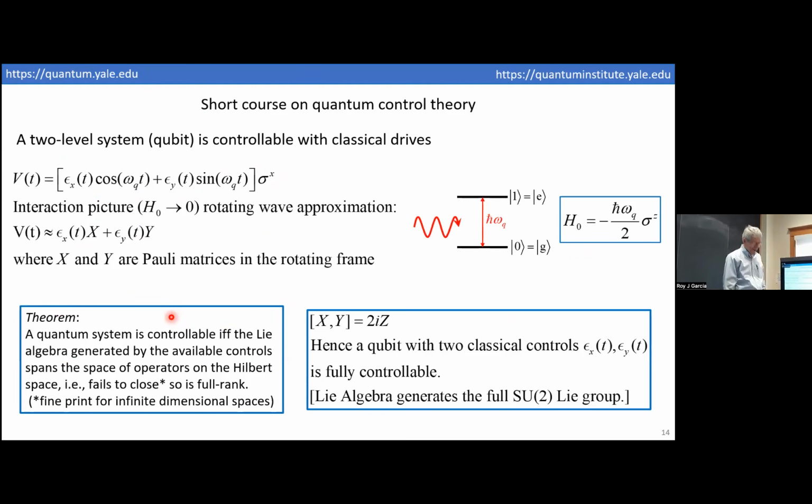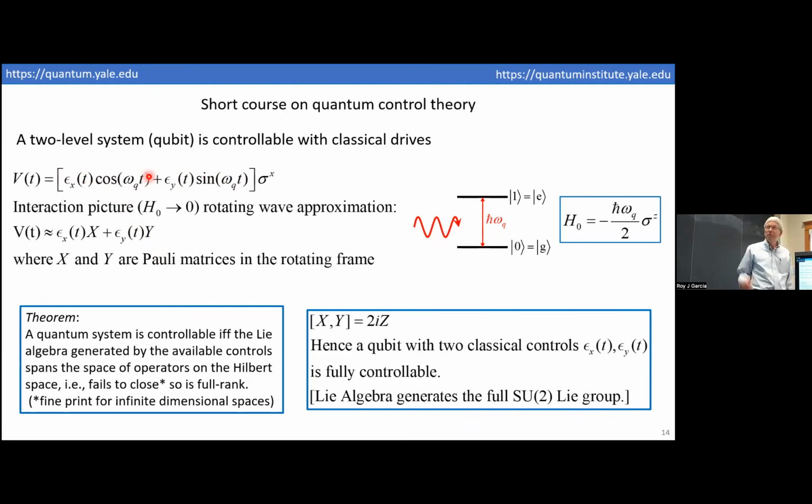Okay, all right, so now for a short course in quantum control theory. Control theory is where you have some Hamiltonian, maybe it's zero in the interaction picture, but then you have some interaction picture perturbation, which is your set of controls that you can turn on and off as a function of time.